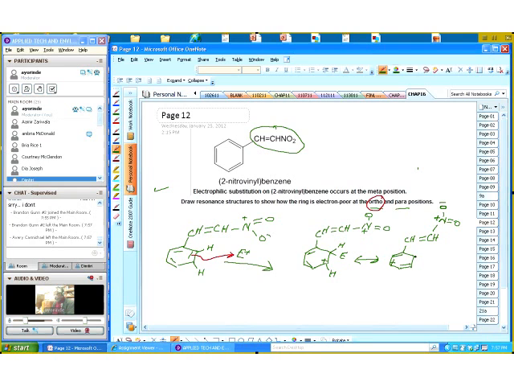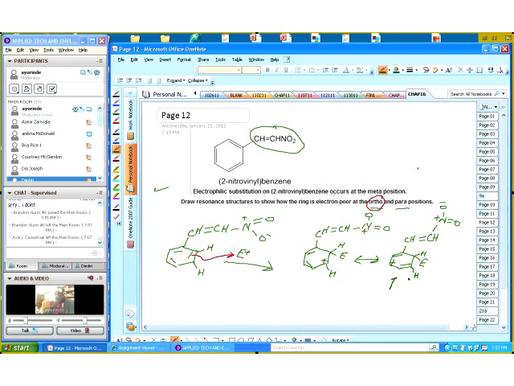Okay, now here, what do we have? We still have our hydrogen here, and our electrophile here, and of course this hydrogen is still here, just to keep our good bookkeeping here.